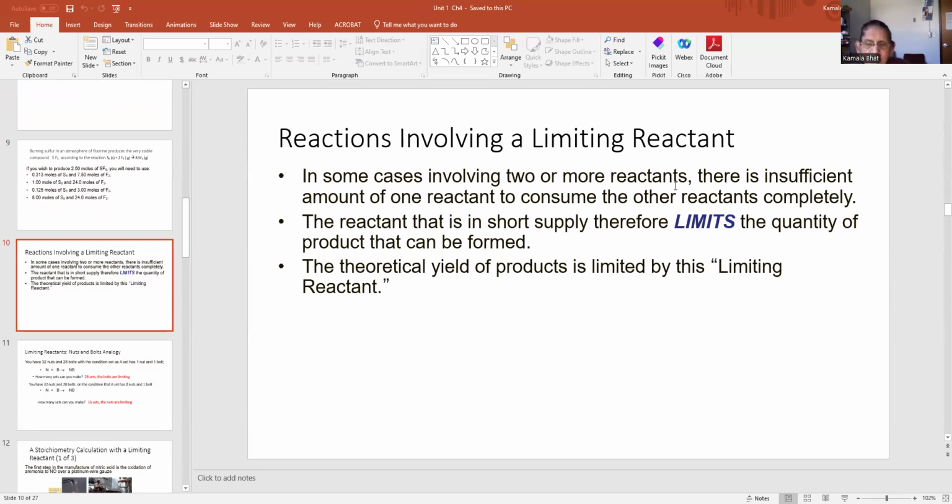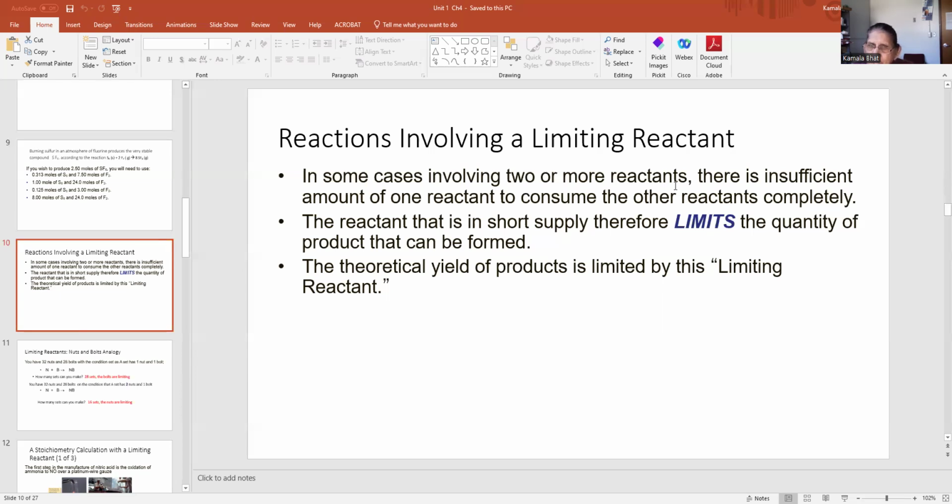Now, once we know exactly what the mole relationship is, it is always easy to solve reactions involving a limiting reagent. First thing, what is the meaning of limiting reagent? A limiting reagent or reactant is one that is completely used up in a reaction.